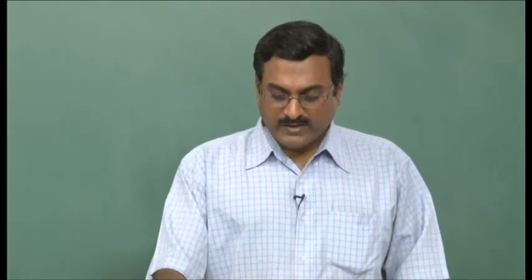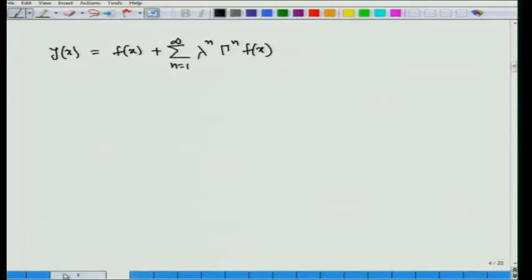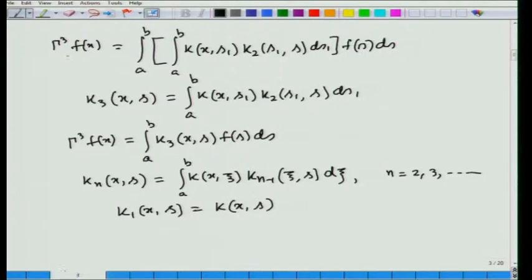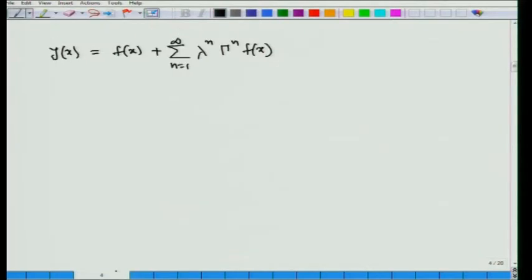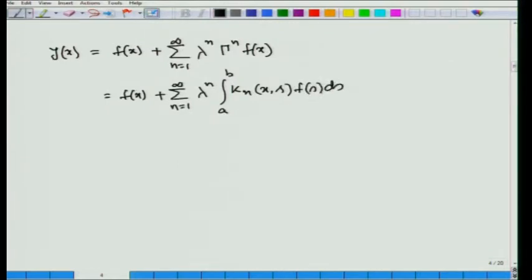And now, using these earlier results, that is for gamma 3 f(x), gamma 2 f(x), and in general you can write this gamma n f(x) in terms of the nth order iterated kernel. We can write this as f(x) plus the sum over n from 1 to infinity of lambda to the power n, integral a to b kn(x,s) f(s) ds.